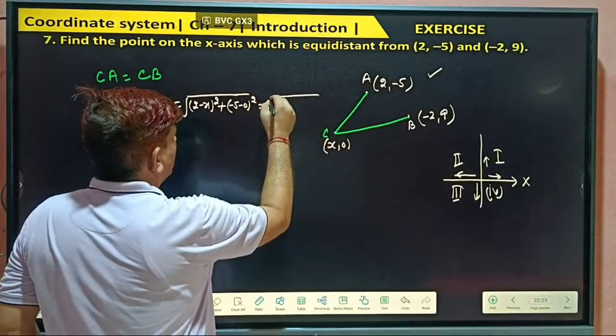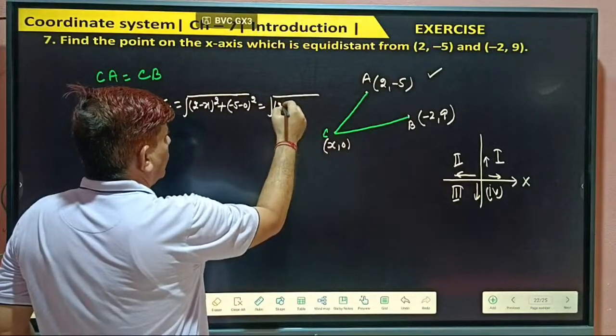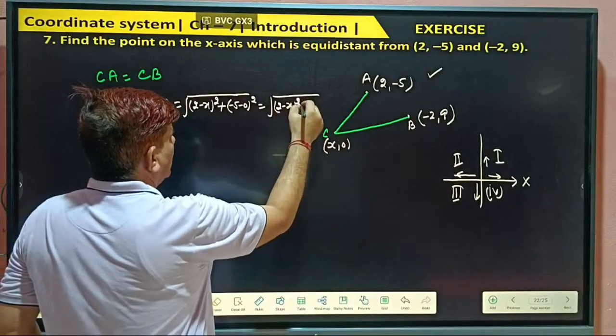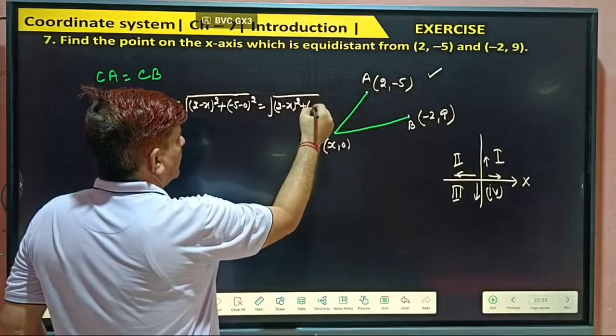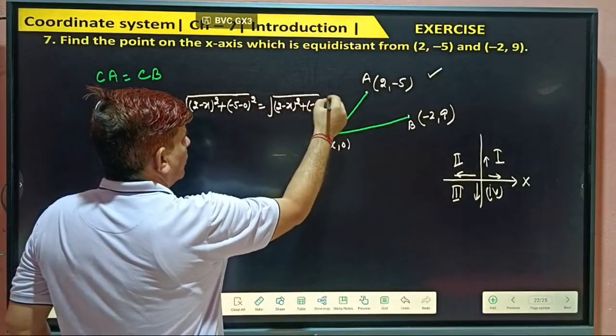We can write this as 2 minus x whole square plus (-5) whole square.